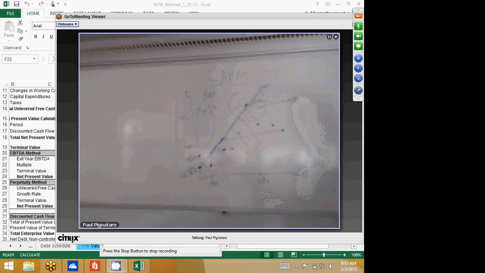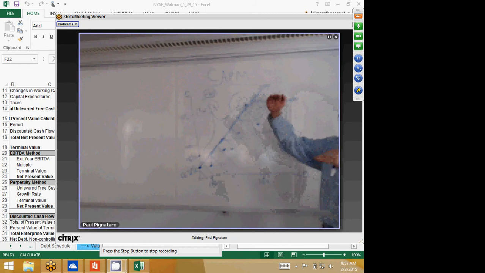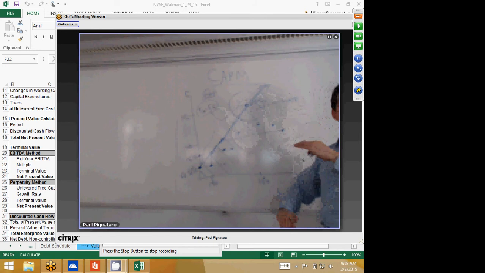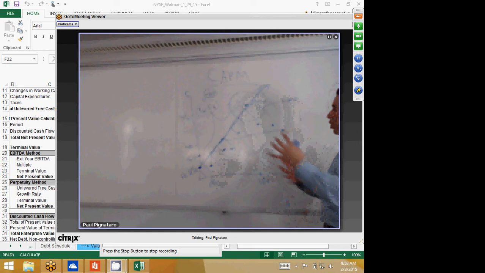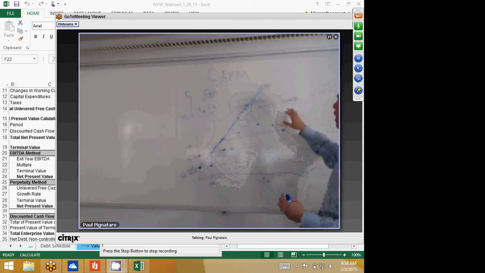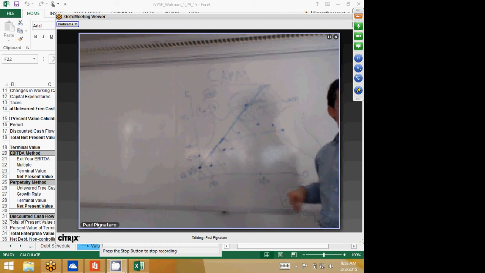And we look at how in the past Walmart has moved with the S&P 500. If the S&P 500 has jumped 10%, did Walmart jump 10% or did Walmart jump 5%? If Walmart has historically reduced 10%, has the S&P 500 reduced 5% as well, or has it gone up 5%? So we correlate the returns of the stocks over the past 10 years, 20 years, 30 years, 100 years of Walmart versus the S&P 500. And that gives us a correlation coefficient. And that correlation coefficient is called beta.